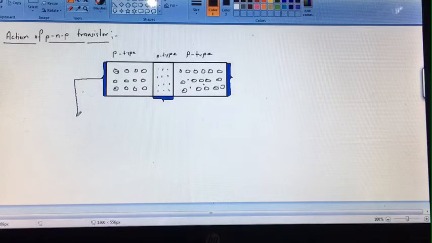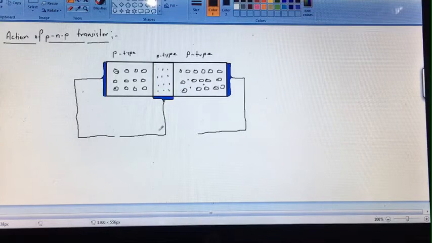Let's apply the potential across their terminals. See, this is emitter, this is base, and this terminal is collector terminal.